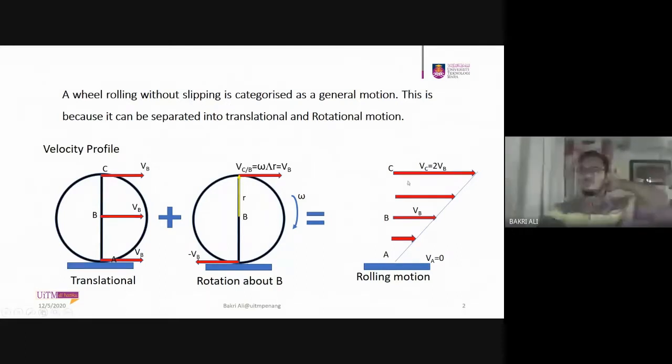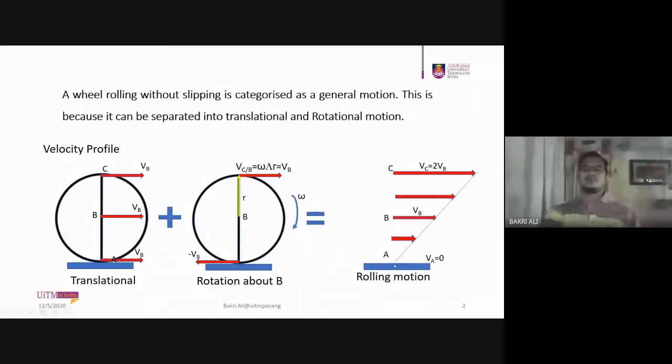If we draw a velocity profile, we can see that it produces a triangle where the velocity is zero at the bottom and then increases with the value of r, equal to VB or omega cross r at the middle, and then doubles at the top, where the distance of the point from the bottom is 2r. This is what is important for you to understand about rolling motion: no velocity at the touching point of the wheel with the ground.